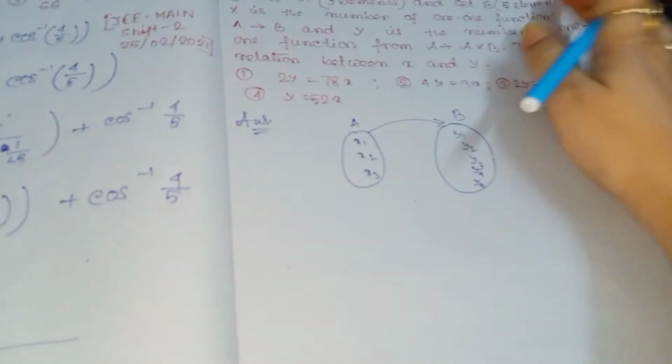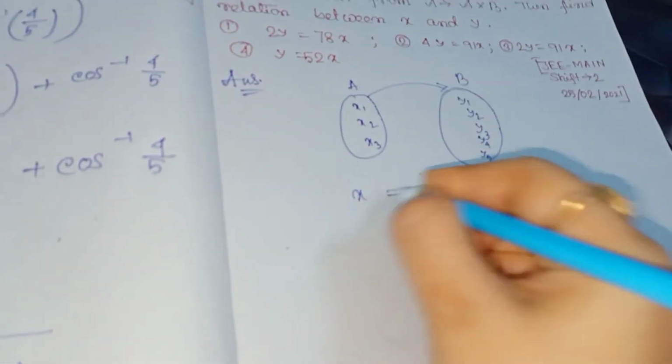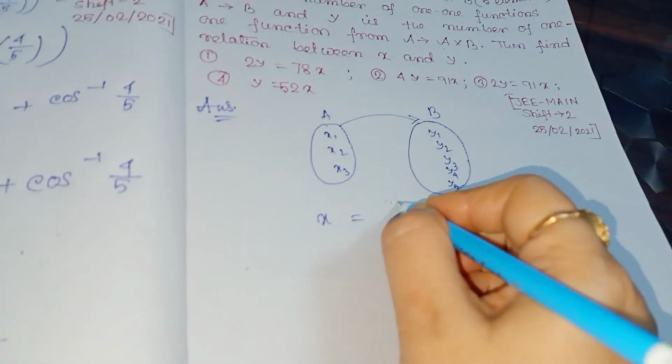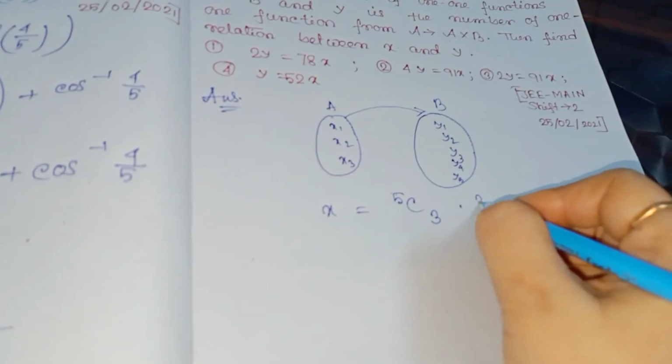These are 5 elements. Now how do we select X? We select X as 5C3 ways into factorial 3.